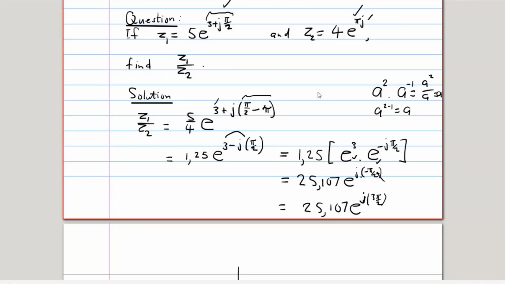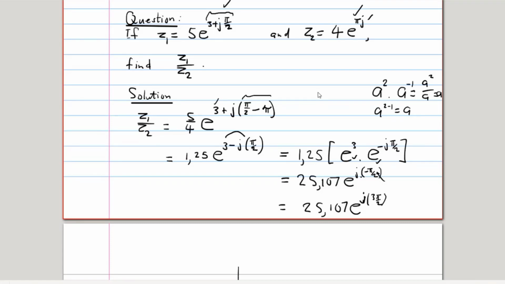So when we did that, we would have said 5e cubed is our new r for Z1, and we would have divided that by 4 at Z2. We did a quotient, okay? So then we had 5 over 4, right?